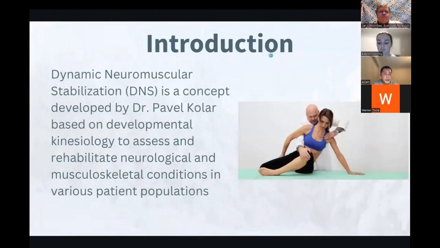So dynamic neuromuscular stabilization is a concept developed by Dr. Kalaj, who is from the Czech Republic. He has this idea of developmental kinesiology, and uses this concept to do rehab with patients from different populations, right?